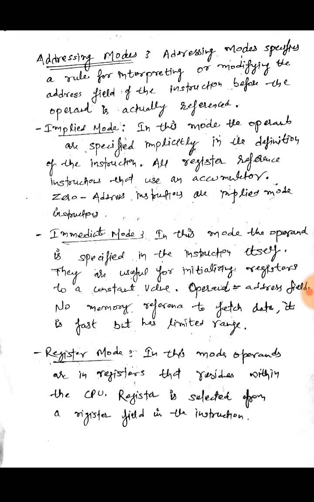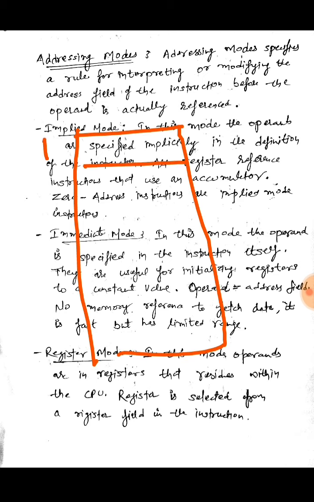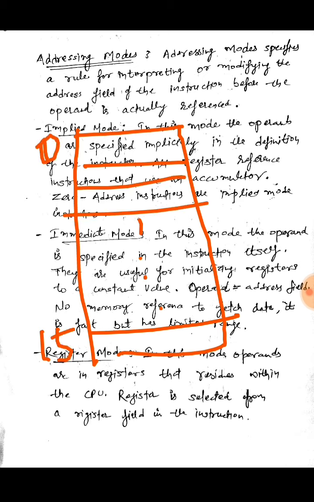So these kinds of modes are called immediate modes. Then the register mode, and the most important one. In this mode, operands are in the registers that reside within the CPU. If we have, let's say, 16 registers from 0 to 15, to represent these registers I will need 4 bits in binary, that is 0000 to 1111.